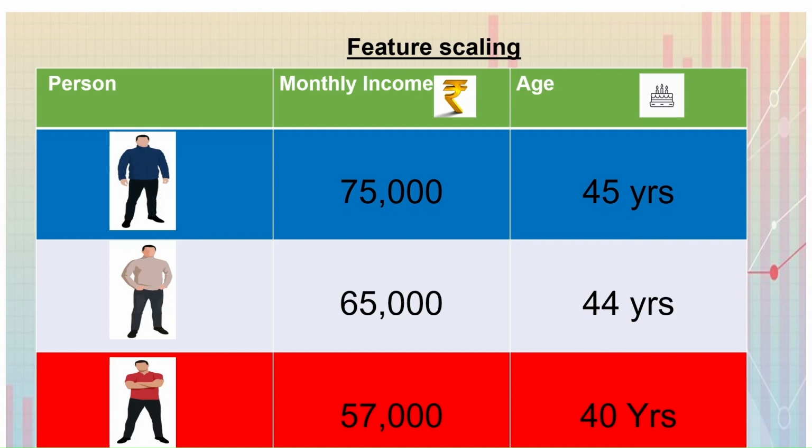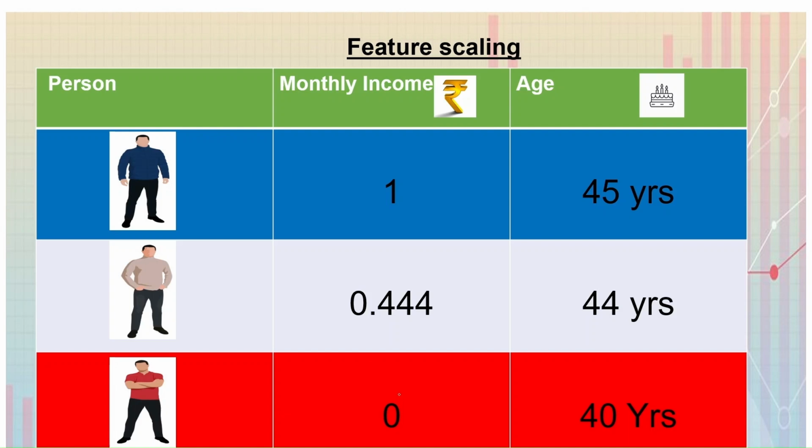We are applying it to the monthly income rupees column first. After normalization, the values look like 1, 0.444 and 0.